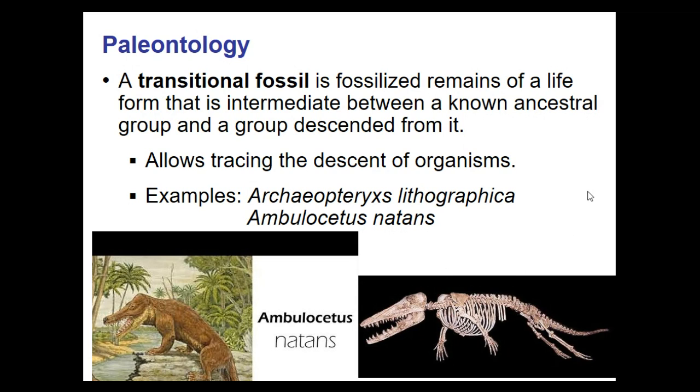The term missing link is often used, or used to be used, especially in the evolution of humans. It's thought that humans evolved from something that was similar to a chimpanzee. Humans did not evolve from chimpanzees. Humans and chimpanzees evolved from a common ancestor, but what was in between?